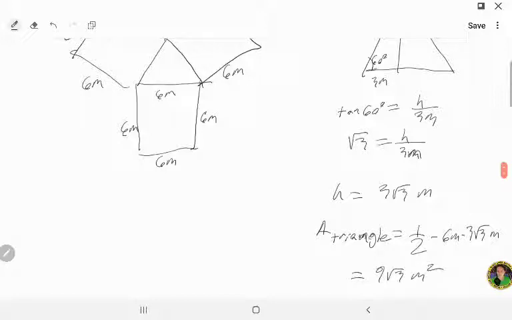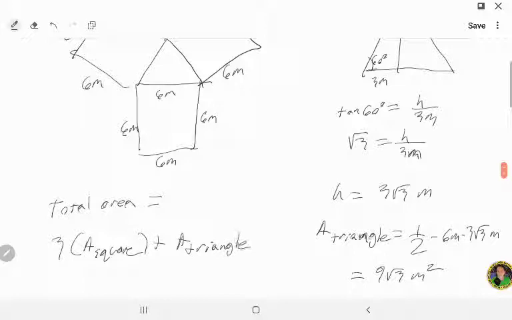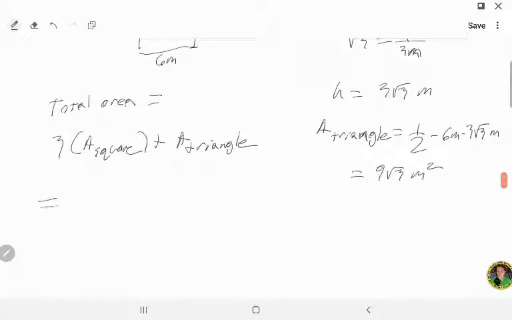And so we notice that the total area is just going to be 3 times the area of a square plus the area of the triangle. And so we end up getting 3 times 36 square meters plus 9 radical 3 square meters.